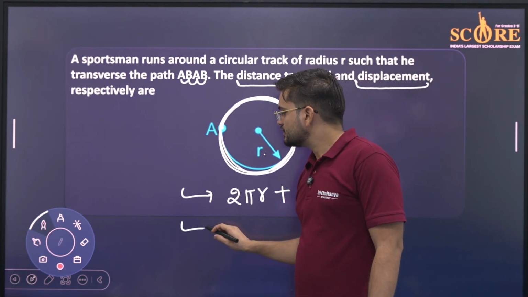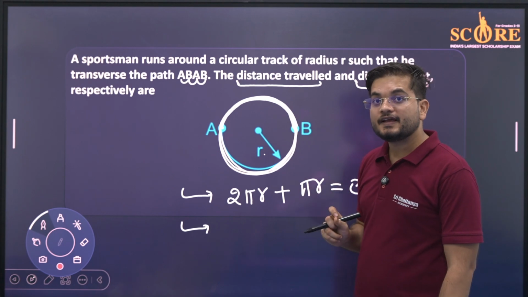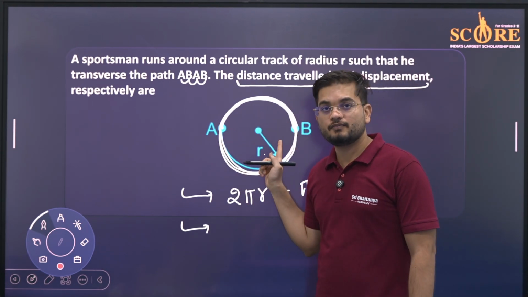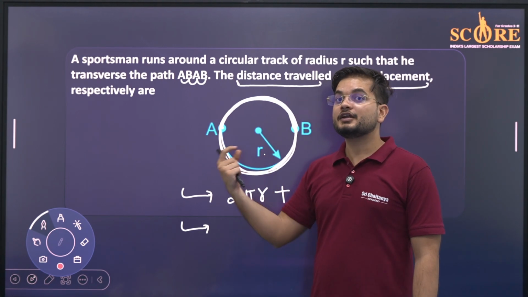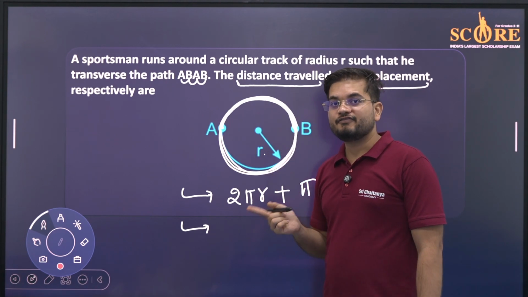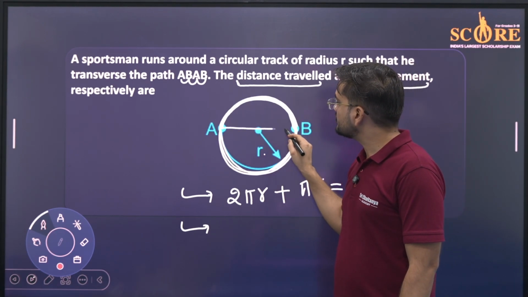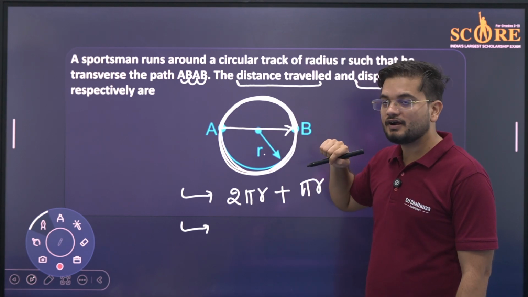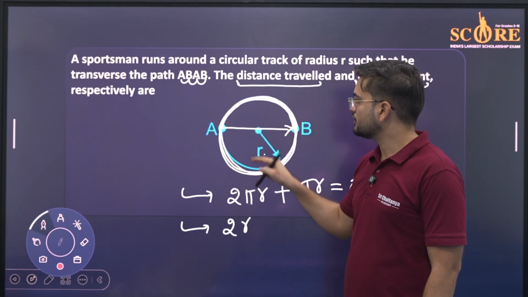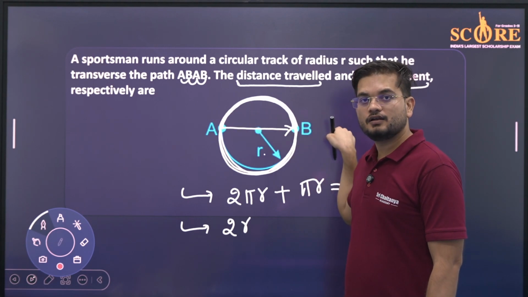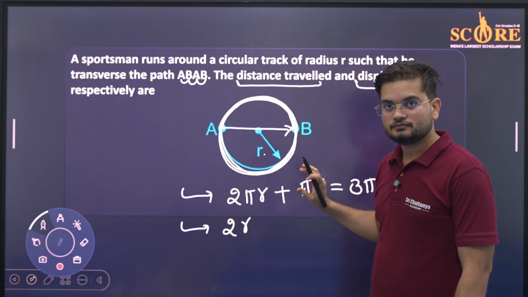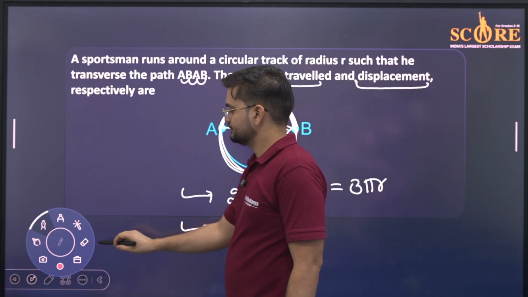And what is displacement? Displacement is the direct distance from initial point to final point, from A to B. The magnitude of displacement will be 2r. The diameter of this circle will be the displacement from A to B. You got the point?